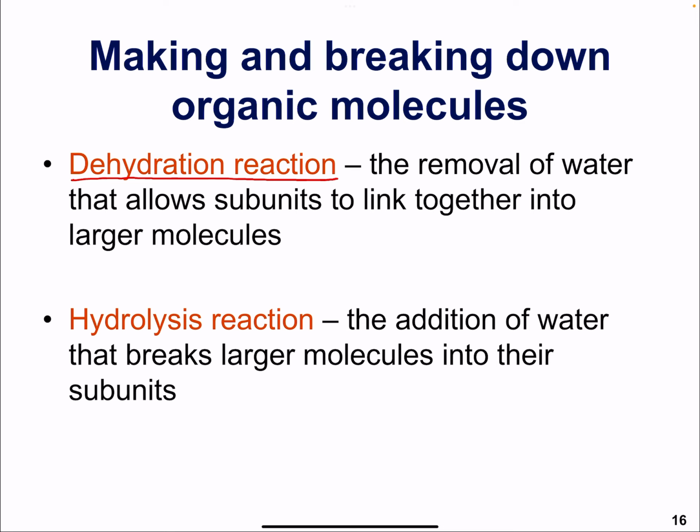While hydrolysis, which requires input of water, is going to cause a breakdown. And that breakdown is essential for your growth and for your maintenance. Know that in the body, these two reactions go hand in hand. One doesn't go without the other. Think a minute.